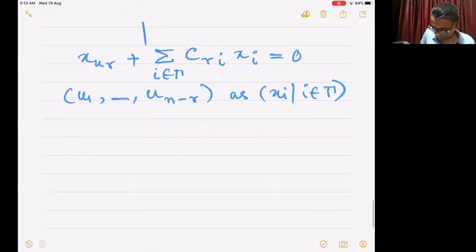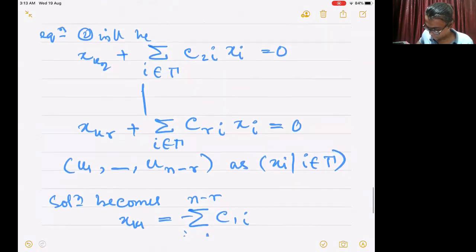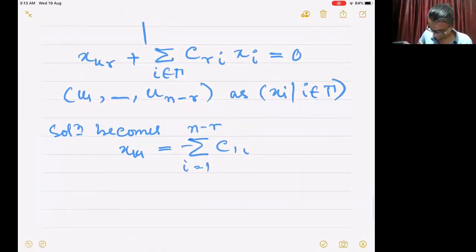We get our solution as x_k1 equals minus summation i in gamma, i equal to 1 to n minus r, c_1i x_i.